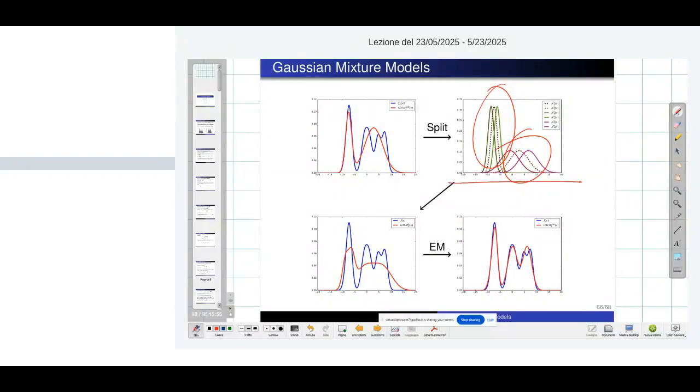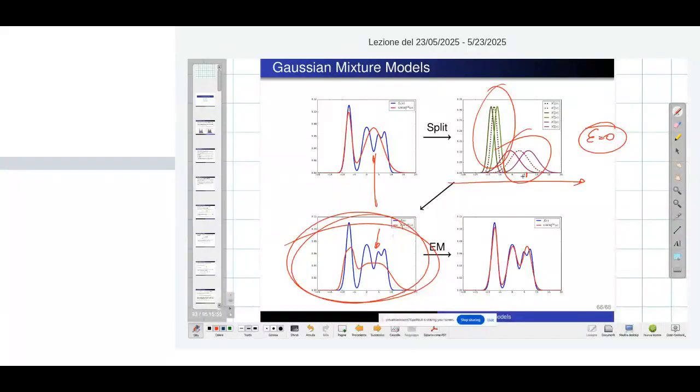But let's say we split everything. We split both. Each will take half weight of the original component because the sum of the weights must be equal to 1. If we don't split by much, we are not changing by much the shape of the GMM. So this will be similar to the two components optimal solution, but not exactly the same. We need it to be different because if we split and the two components have the same mean, then the algorithm will be stuck in a local maximum that cannot progress to a better solution already at the beginning.